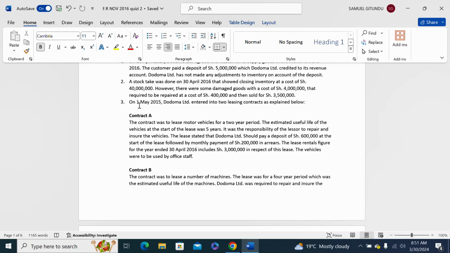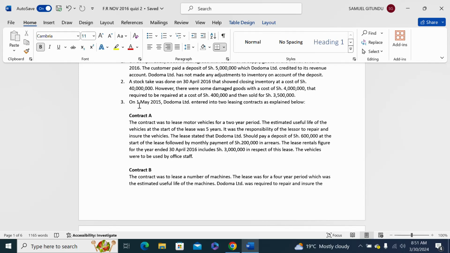But for the previous years, up to December 2018, going backward, the leases were being accounted for under IAS 17, that is International Accounting Standard 17.